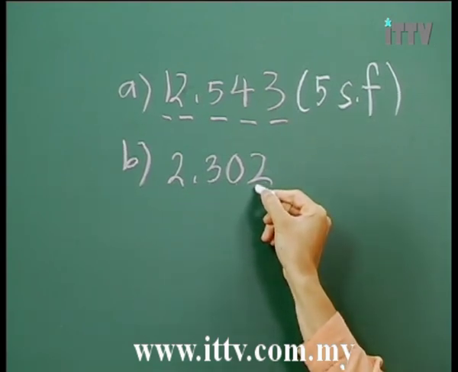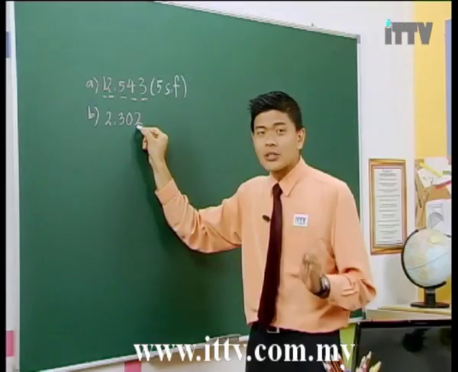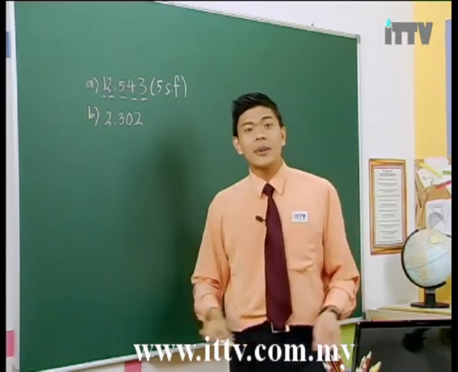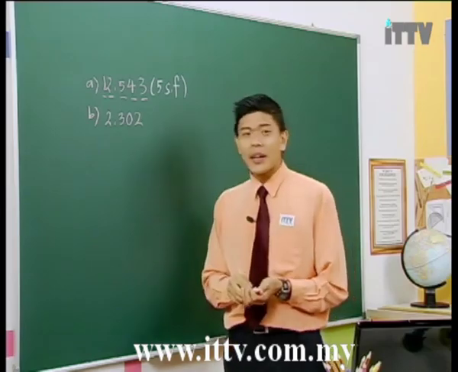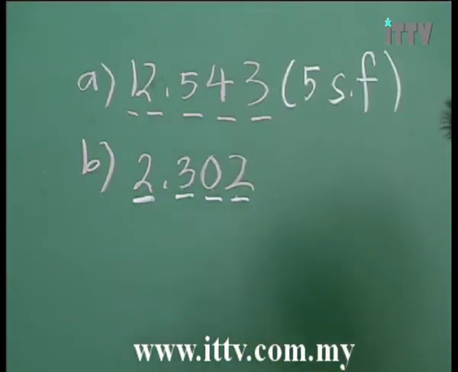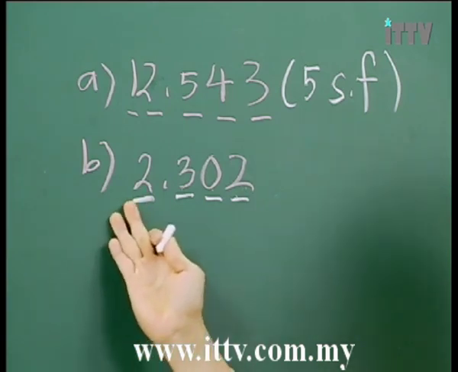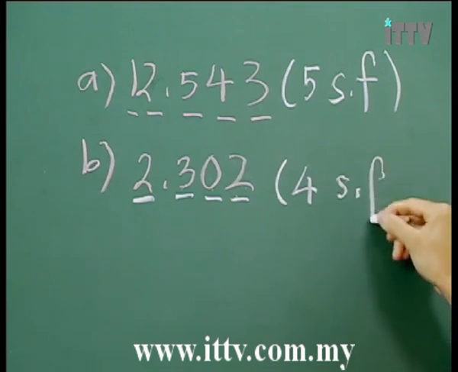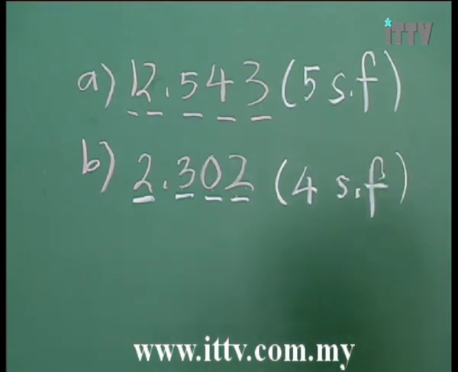So according to rule 2, such zeros are significant. So this makes all the digits in this number significant. And how many are there? 1, 2, 3, 4. Remember, we always label from the left to the right. So this number has 4 significant figures.